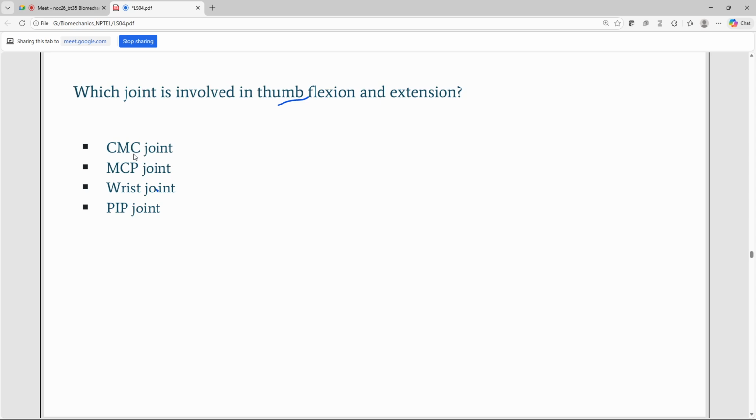CMC is carpo-metacarpal joint. MCP is metacarpo-phalangeal joint. Next is wrist joint. PIP is proximal interphalangeal joint.